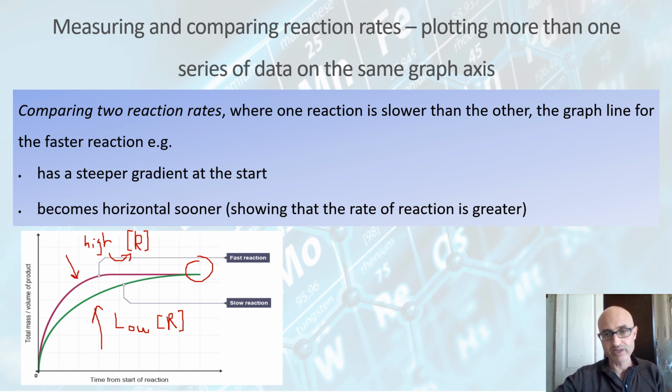Let me explain more clearly. Let's imagine that we have the reaction between magnesium and hydrochloric acid. Now, we could have a situation similar to the purple curve if I used a concentrated solution of hydrochloric acid. So imagine the purple curve would be represented by 2 moles per liter of hydrochloric acid.